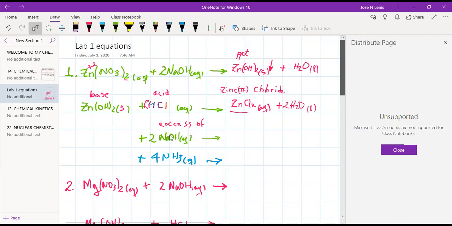But at some point, we add sodium hydroxide to this one, and this one will run off. It's gone. All of it is now reacted with the sodium hydroxide because we keep adding this drop by drop.